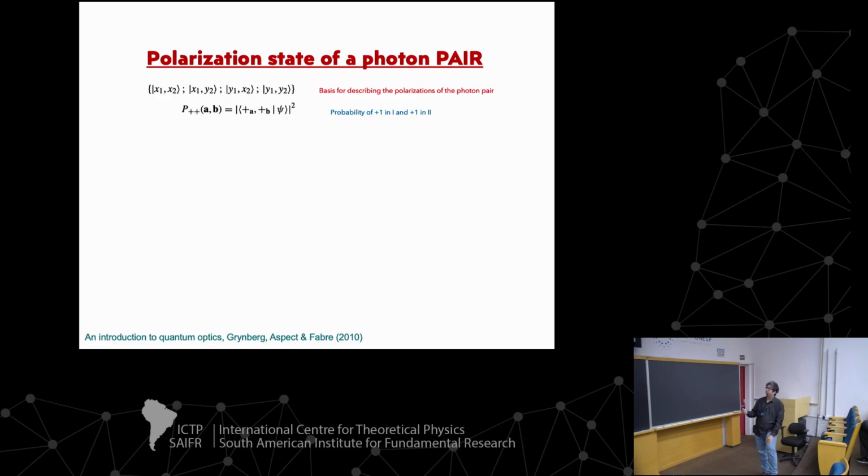And now, quantum mechanically, I will calculate that by projecting the state of the photon onto the eigenstates for this rotation with angle A or angle B, okay? And so on. I have something similar for detecting plus and minus, or for detecting minus and minus, okay?